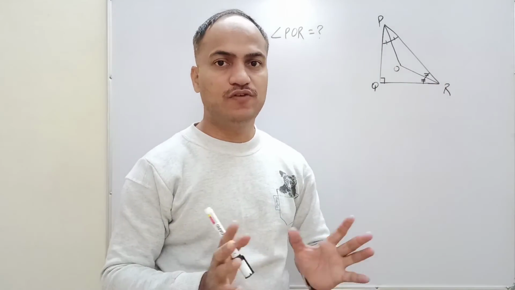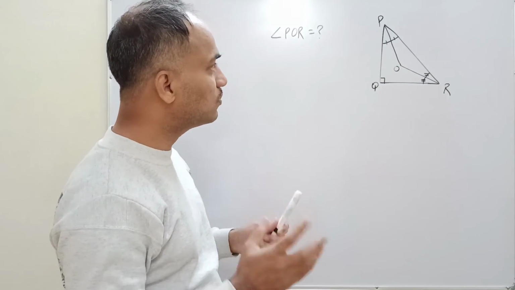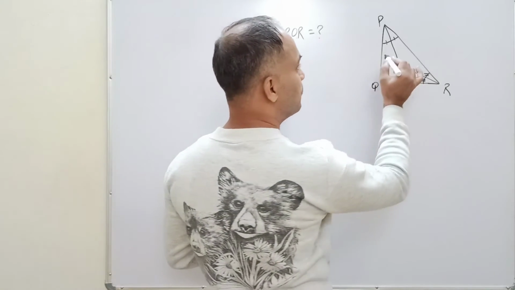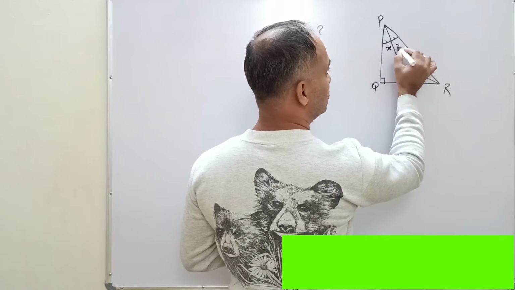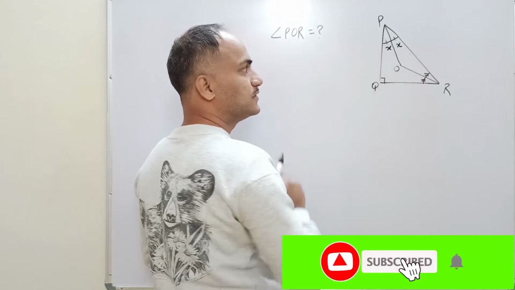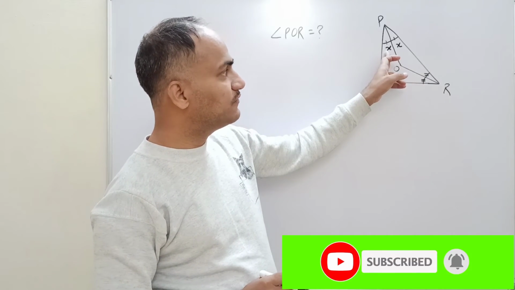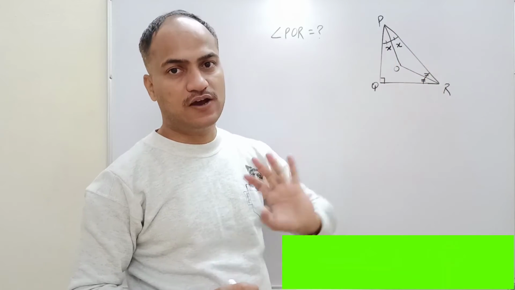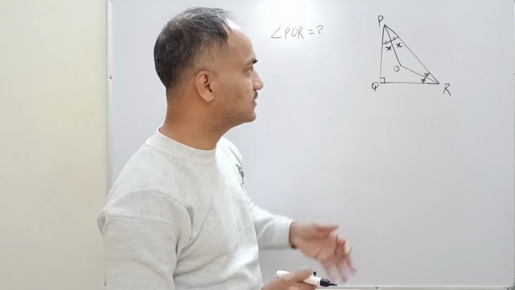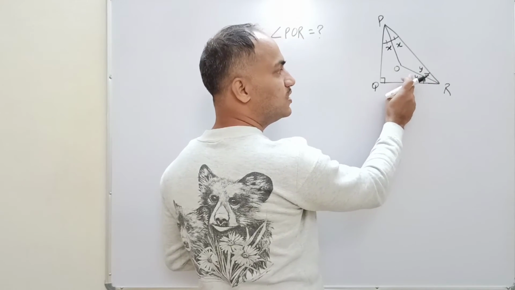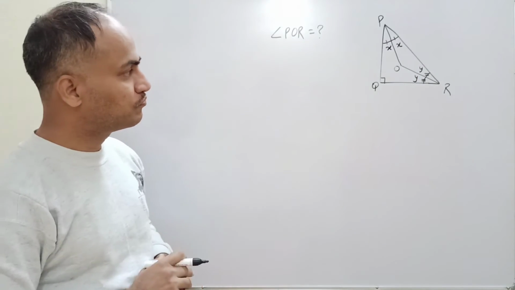Now how can we find it? Just see, this angle, suppose we assume x, so this will also be x. Because an angle bisector divides the angle into two equal halves. Similarly, we assume these two angles are y.